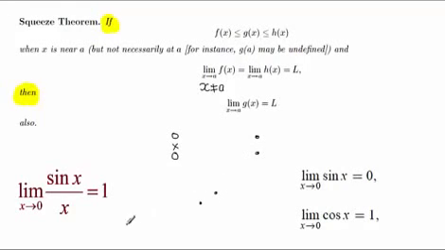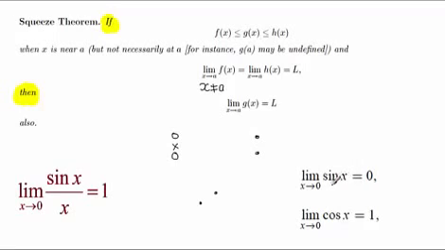So my target here is also to make you understand the limit of sine of x over x as x tends to 0 is equal to 1. To understand this, I would like to call attention to the fact that the limit of sine x as x tends to 0 is equal to 0, and that of cosine x as x tends to 0 is equal to 1.